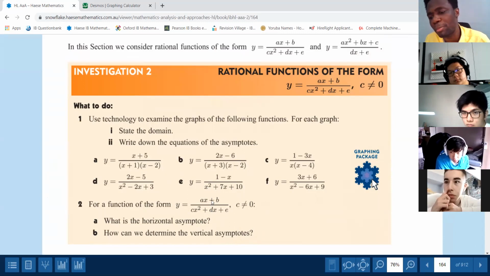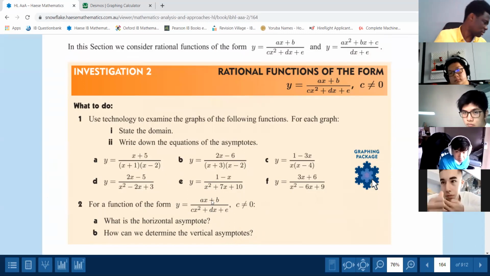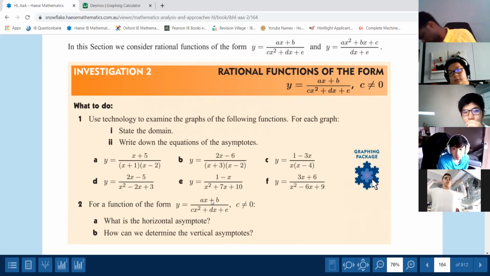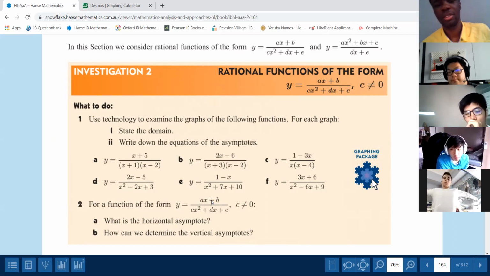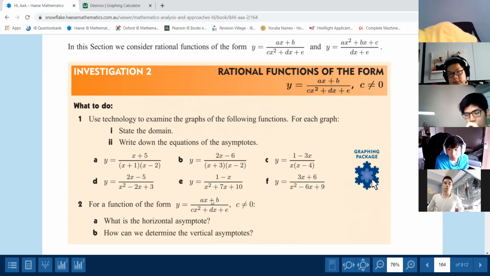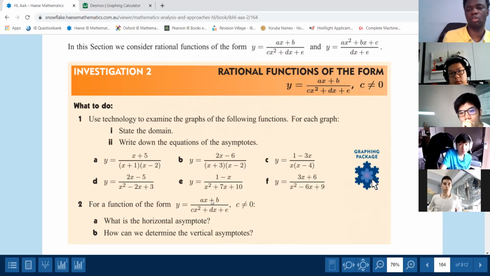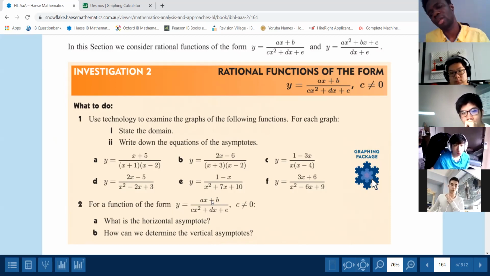We can use a limit approach to explain it, but you haven't done limits, so I'm not going to go into that. Any rational function of this form, where you have linear over quadratic, the horizontal asymptote will be y equals 0. Understand?